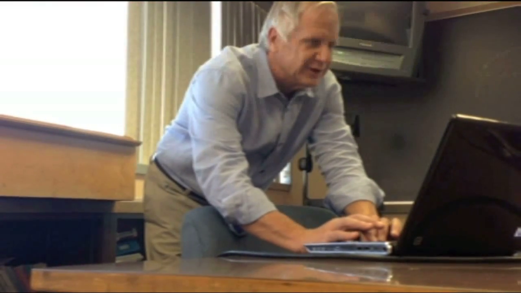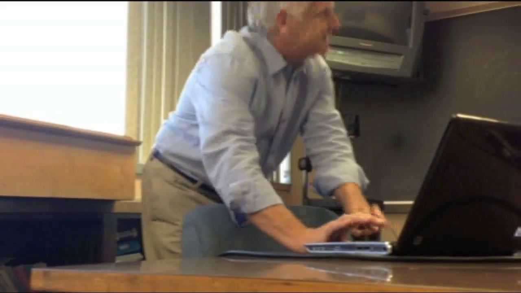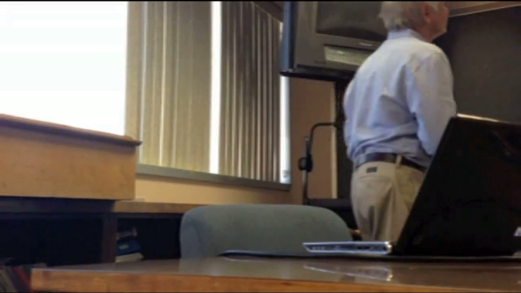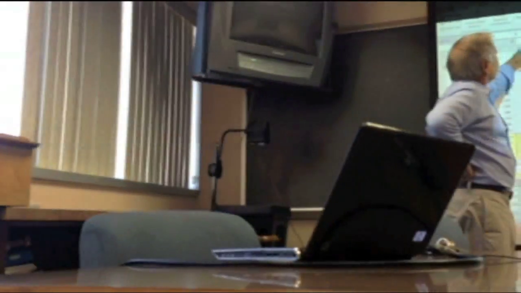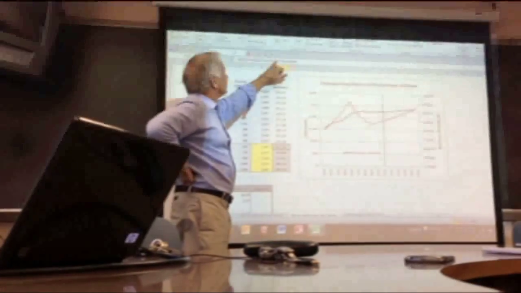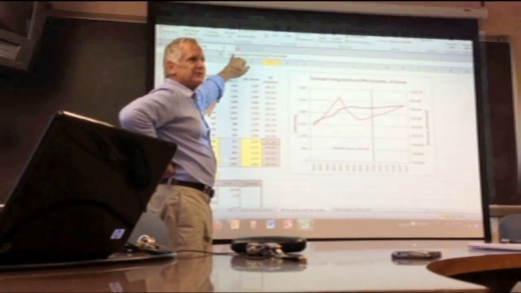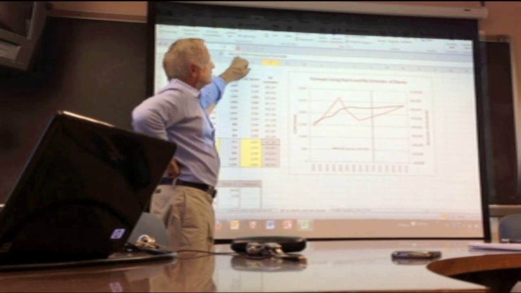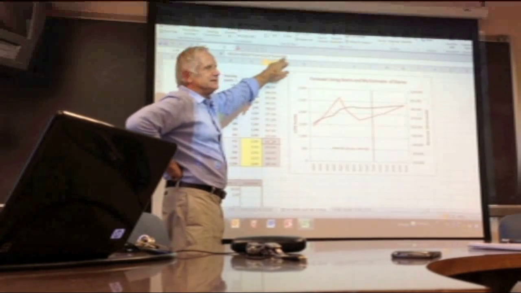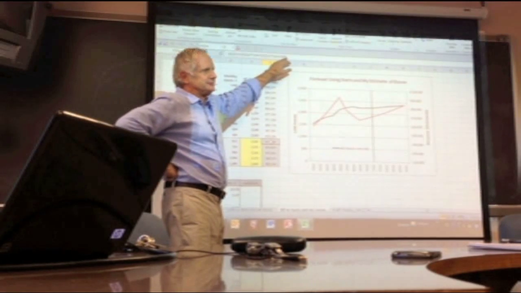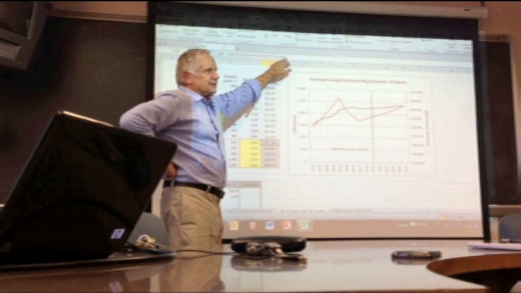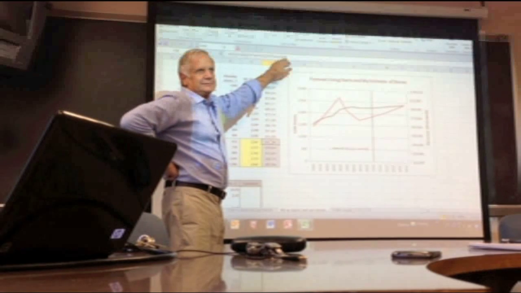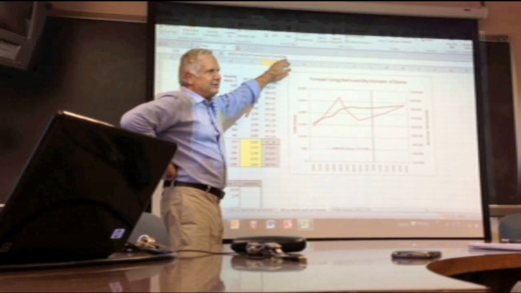But if you look at what's in this cell, this is a formula, right? And it's the formula that I created using the regression results. But then I added 5,500 to it. That's a fudge factor. Why did I add 5,500 to it?